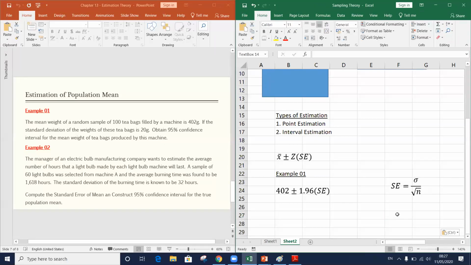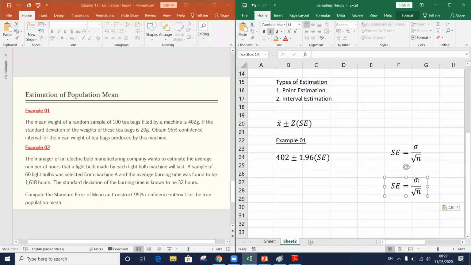Here, the standard deviation value is given.